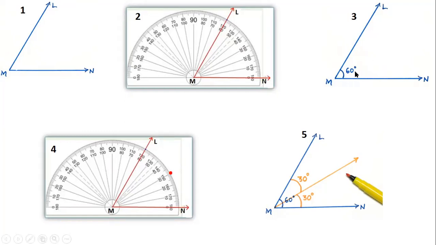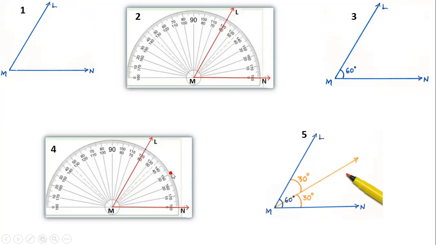Now I want to draw the bisector. What should I do? I divide 60 by 2. I got 30. Again, I put the protractor in angle LMN and I mark. If you can see this red mark here, it is on the 30 degrees. I take away the protractor.